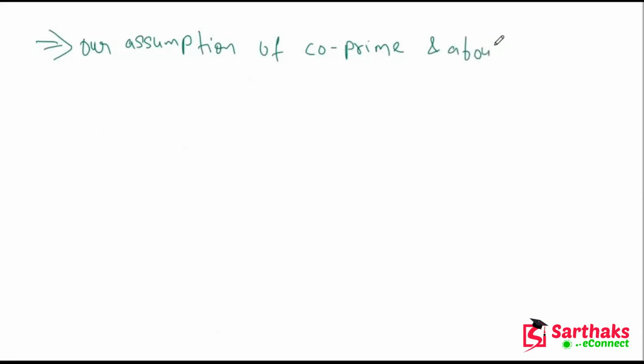So from this, our assumption of coprime, and about under root 5 being rational, is incorrect.